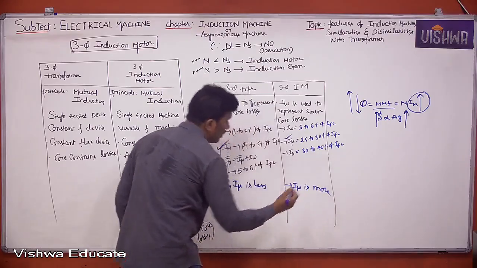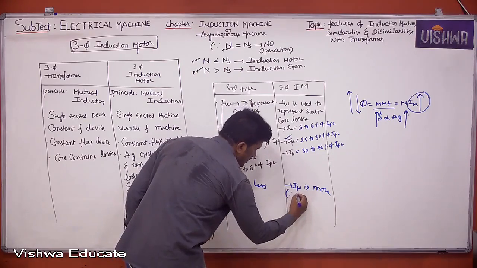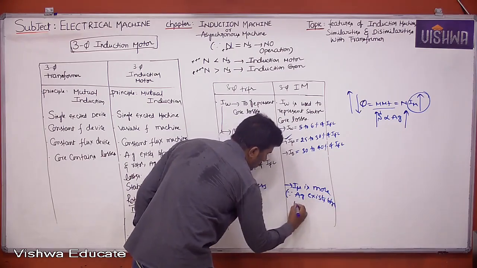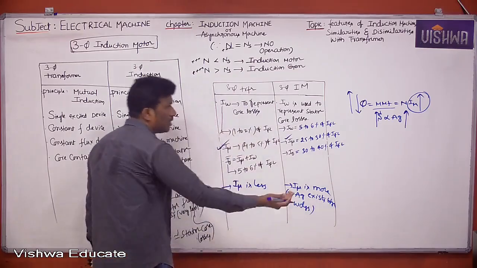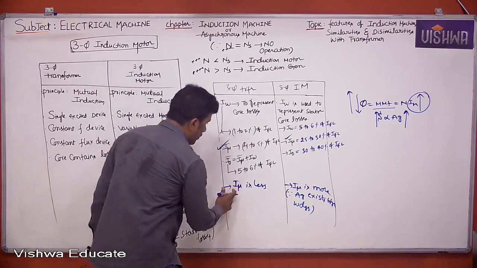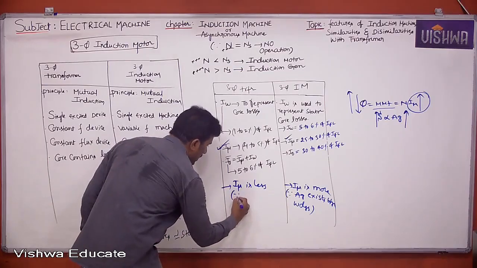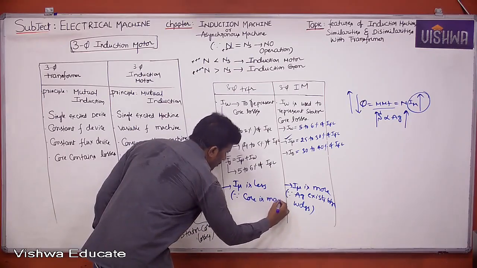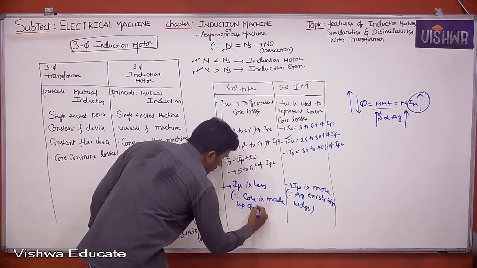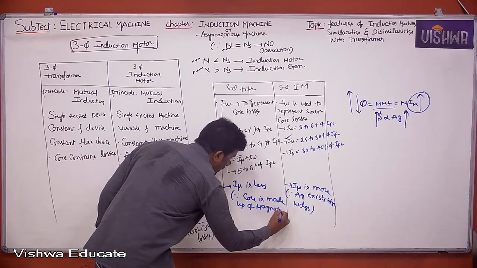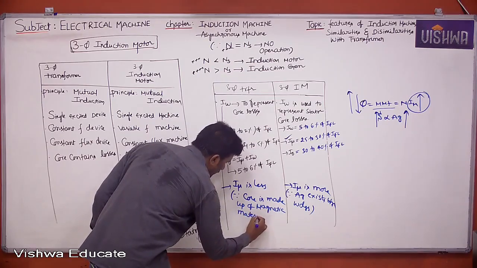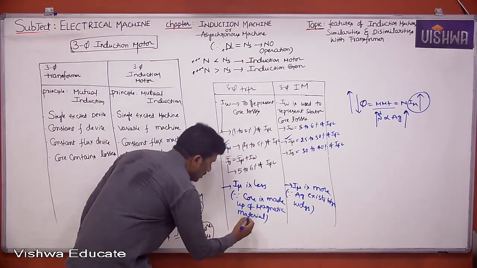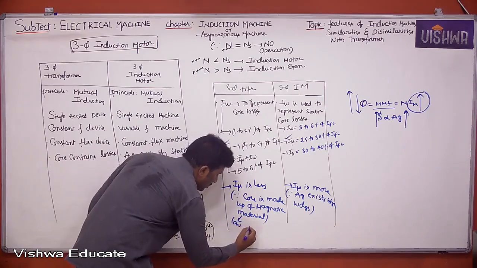What is the reason why I mu is more here? Since an air gap exists between the windings, between the stator winding and rotor winding. And why is I mu less here? What is the reason? Since the core is made up of magnetic material, having a low reluctance.